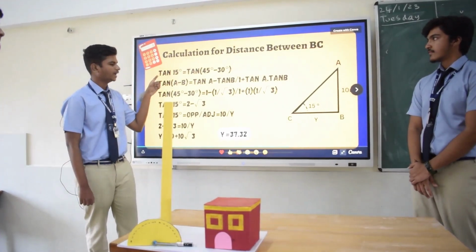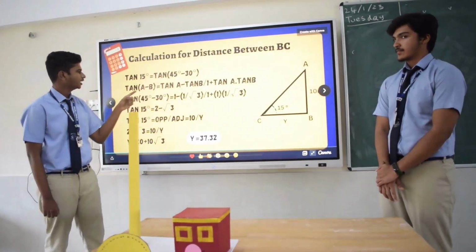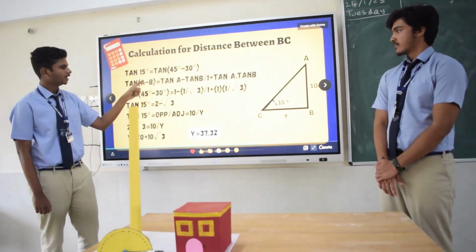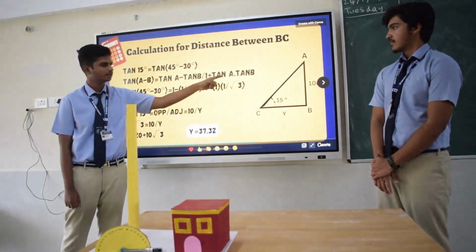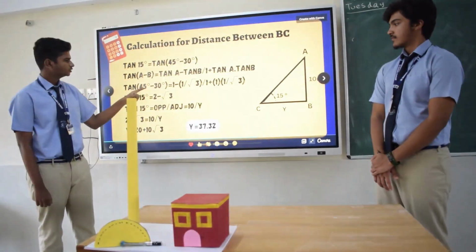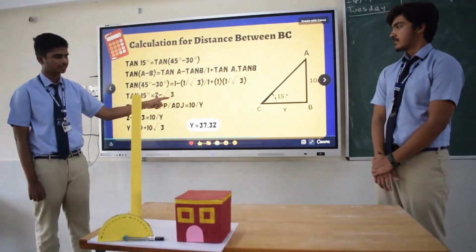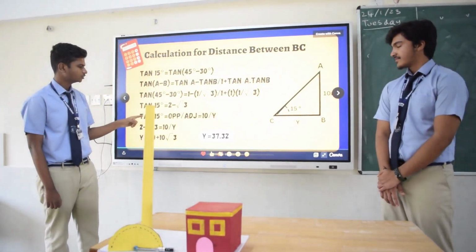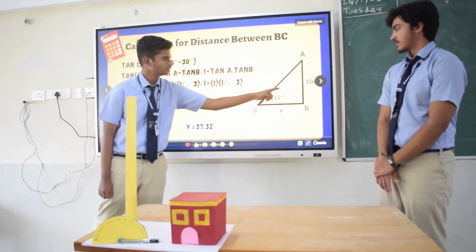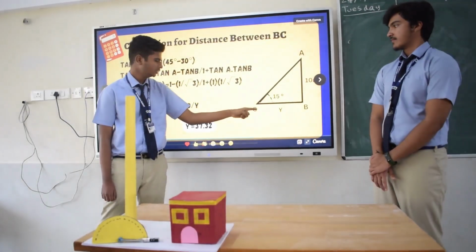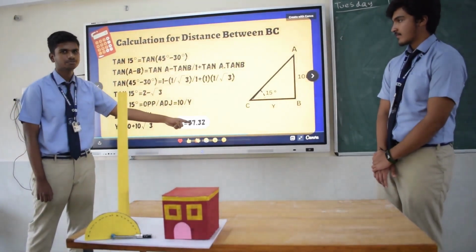Here tan 15 can be broken as tan of 45 minus 30 degrees, and tan of A minus B can be written as tan A minus tan B divided by 1 plus tan A into tan B. Solving for tan of 45 minus 30 degrees, we get 2 minus root 3. We also know that it is opposite by adjacent, so 10 by y. Solving for y, we get 37.32 meters.